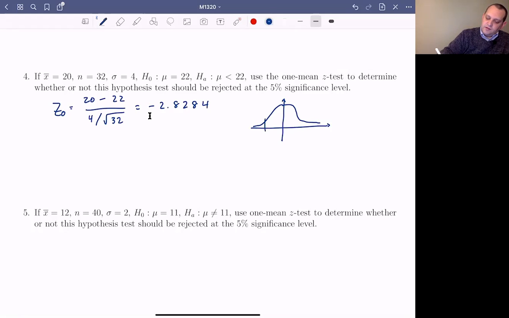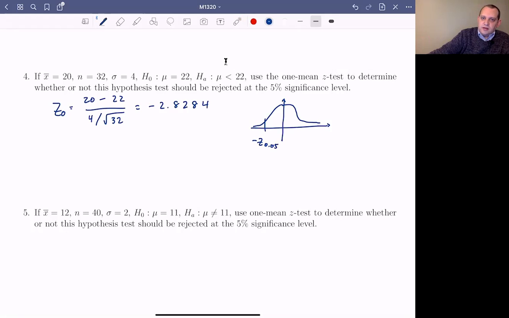So here we have to figure out what's the value so that the area to the left of it is 0.05. So it's going to be the negative z value for 0.05. You can figure this out in lots of ways.